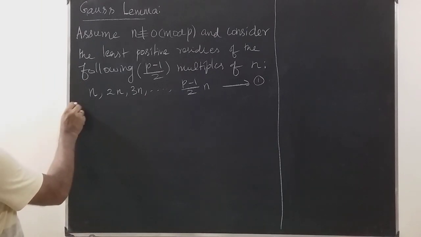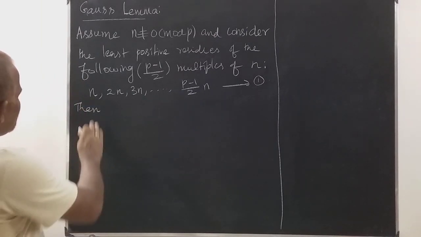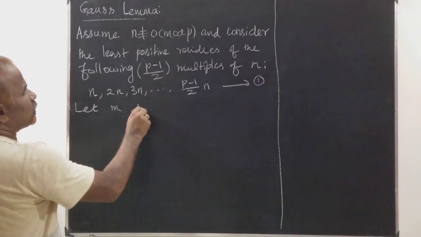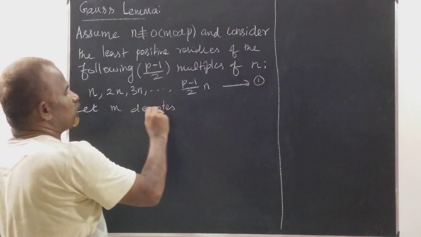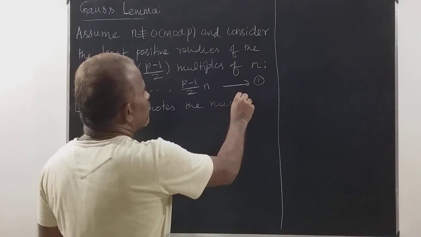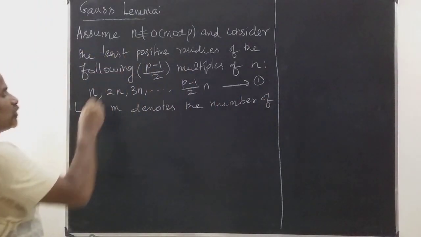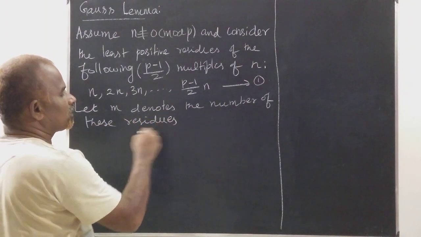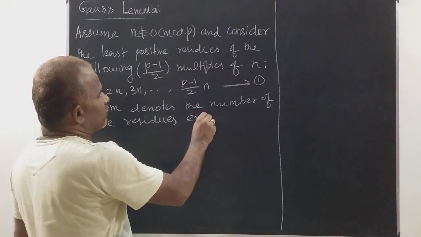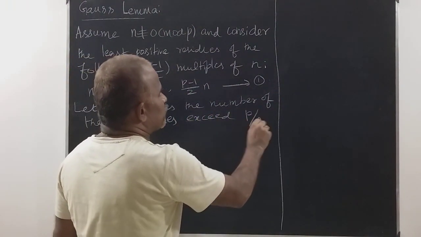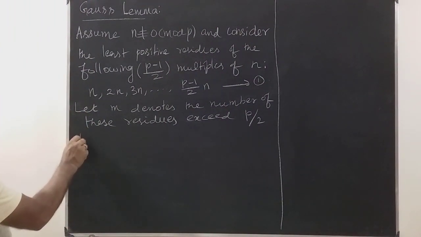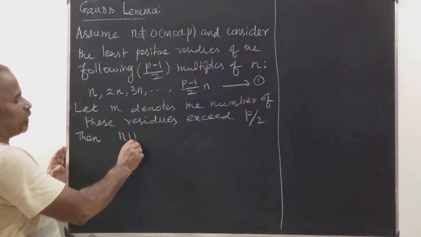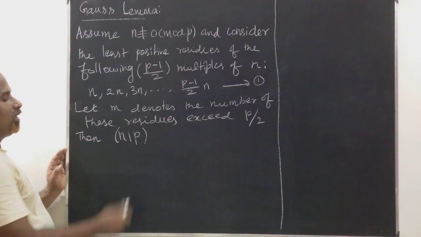Okay. Then let m denote the number of these residues that exceed p/2. Then (n/p), or n divided by p, is equal to (minus 1) to the power m.